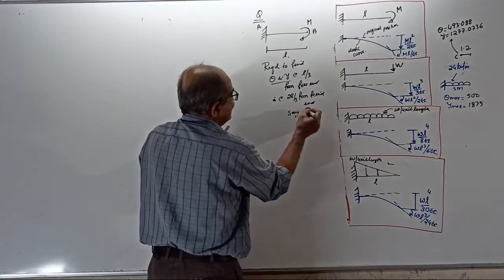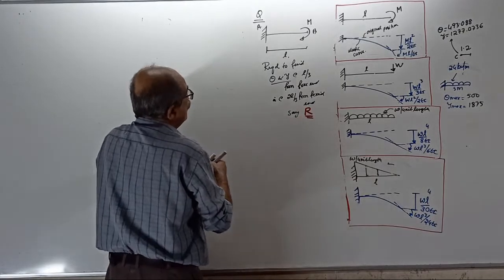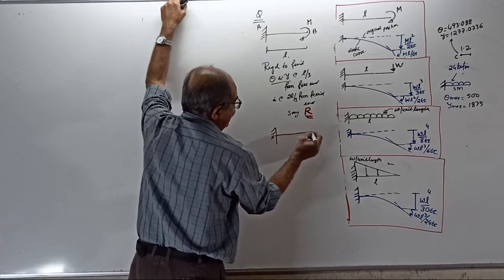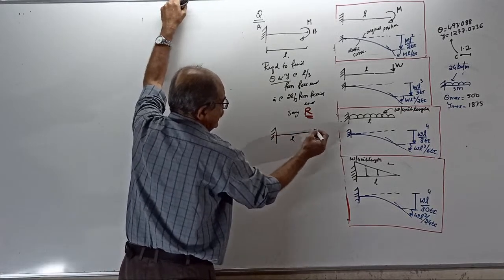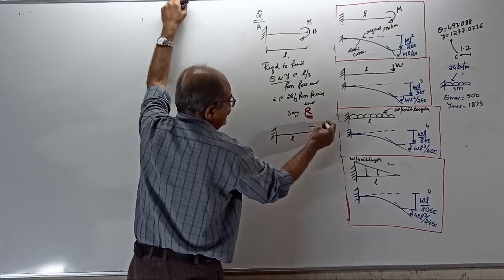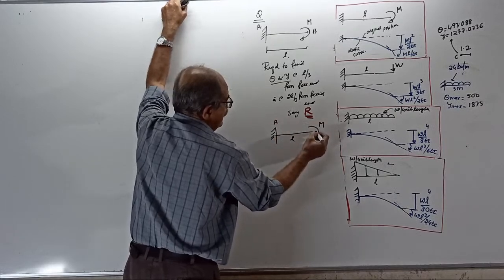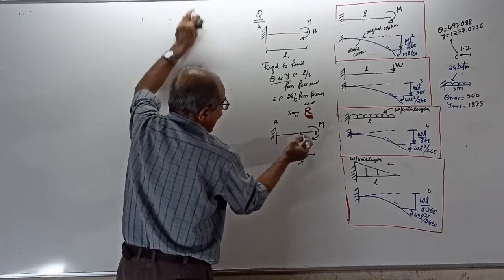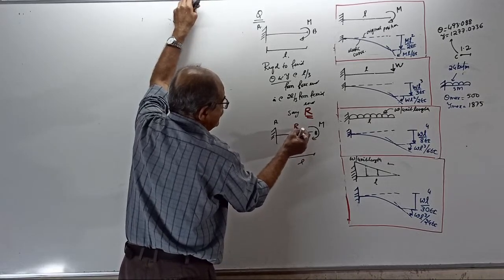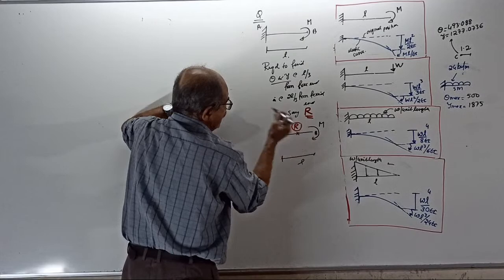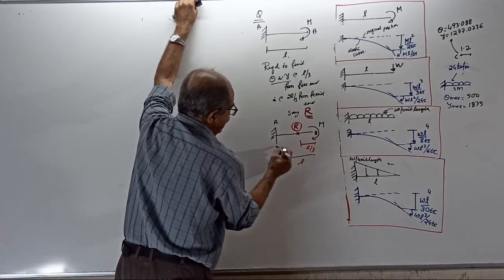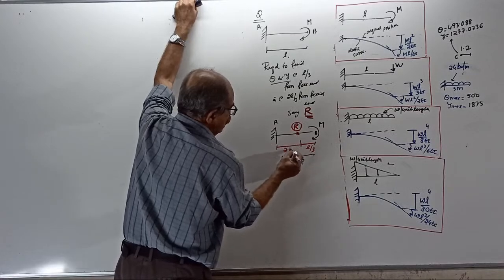So the question becomes: a cantilever beam, span L, a couple M here, A, B. I will put L here. This is L. A random point here, R. It is given in the question that from here it is L by 3, from here it will be 2L by 3.